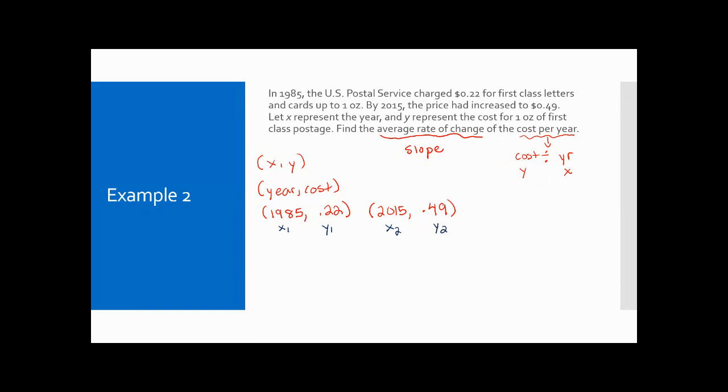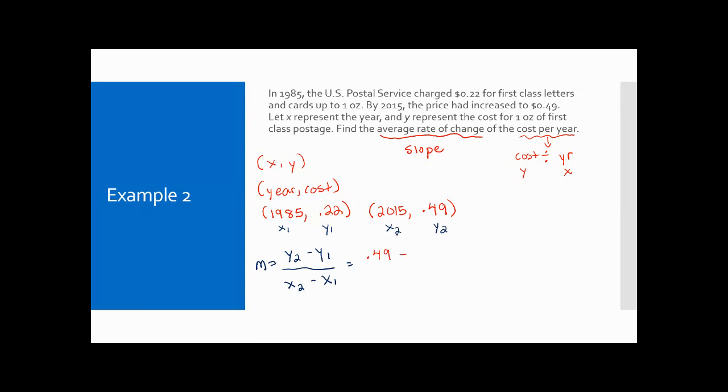So now we're going to use the formula for slope because they're telling us we're finding the slope. So I'm going to rewrite this. This is y2 minus y1 over x2 minus x1. So I need to plug in my numbers. So y2 is 49 cents, so that's 0.49.